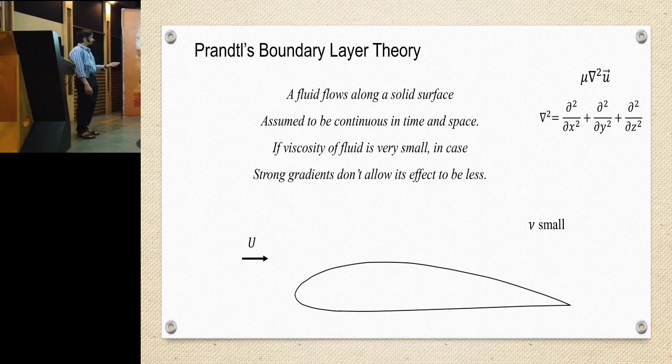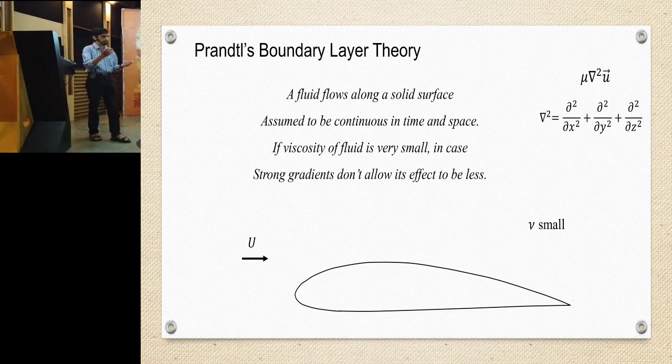So let's consider an aerofoil and flow over the aerofoil. Let's take nu, the kinematic viscosity, to be small. Now, although this surface is curved, we will not consider the effect of curvature when we talk about the essential aspects of the theory. We assume that the thickness of the boundary layer is small compared to the radius of curvature.